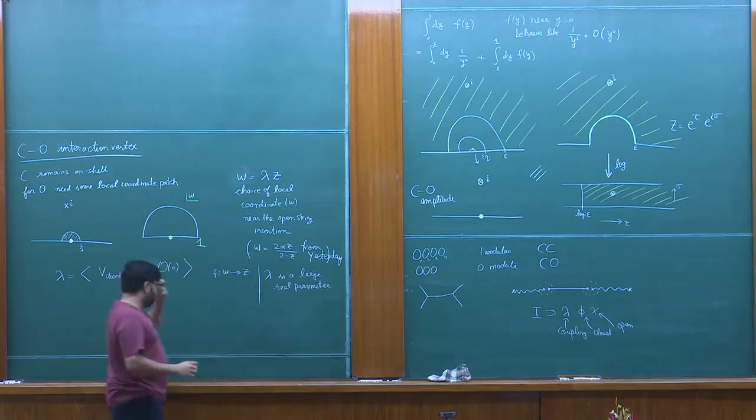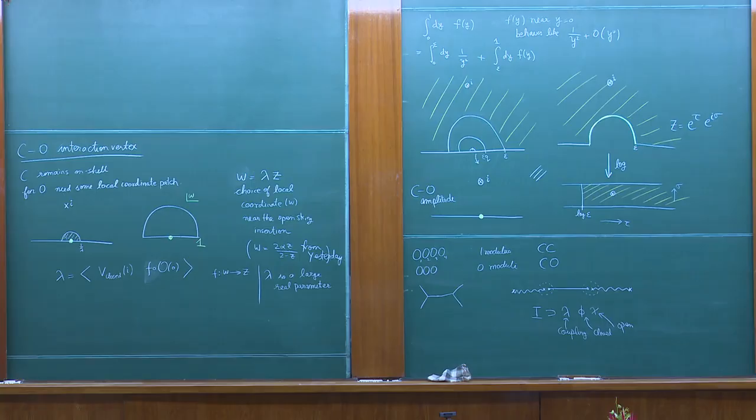Good, so that's what we have right now. We have defined the CO interaction vertex. Here, we were supposed to take two of them and join them together. So the job of the CO interaction vertex is done.